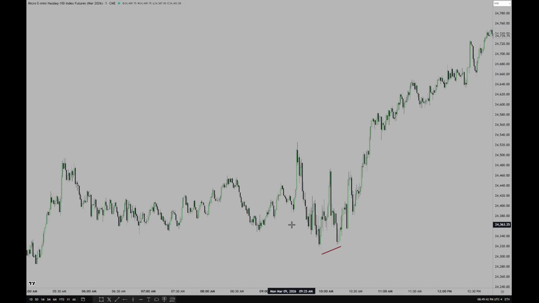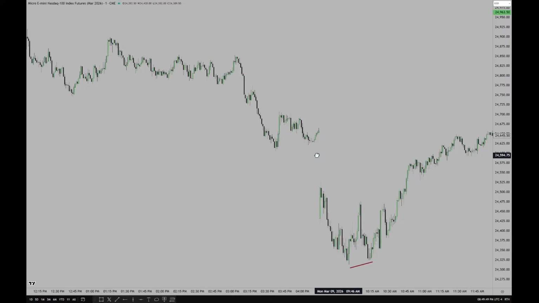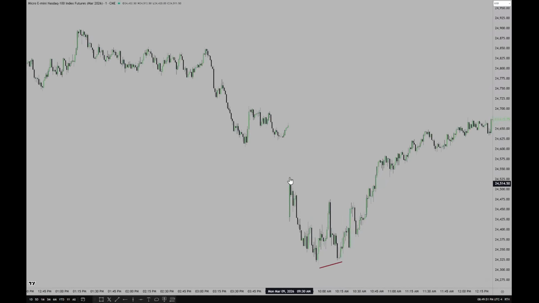But we have the opening range here. So just looking at the high of the day, starting at regular trading hours, which begins at 9:30 Eastern time, we rallied up, and then we traded down aggressively, and then we created a higher low right there, and then we created this little run here.